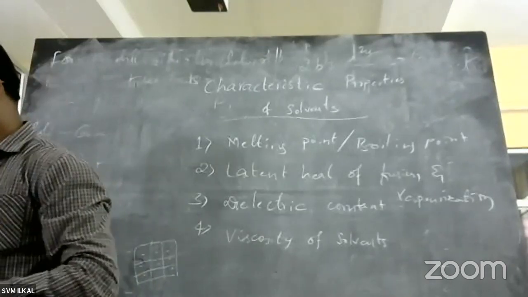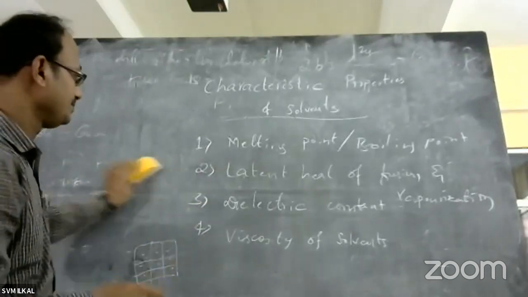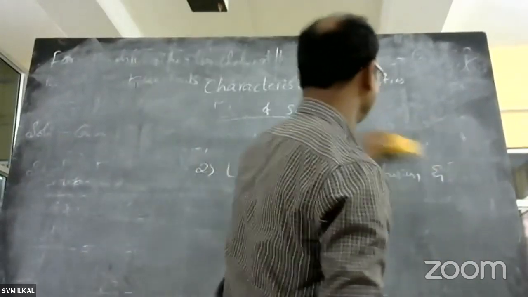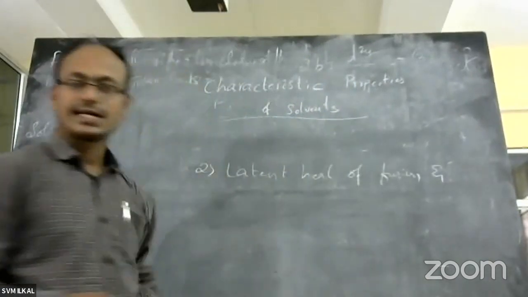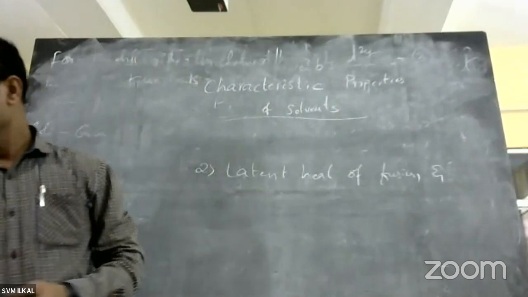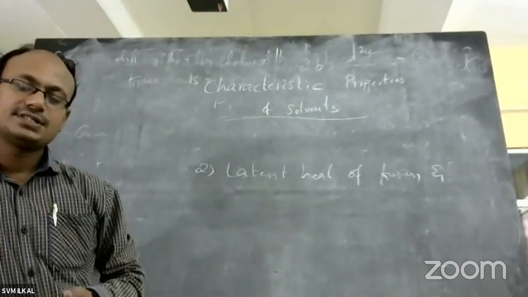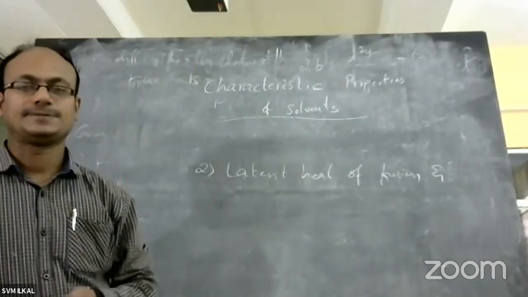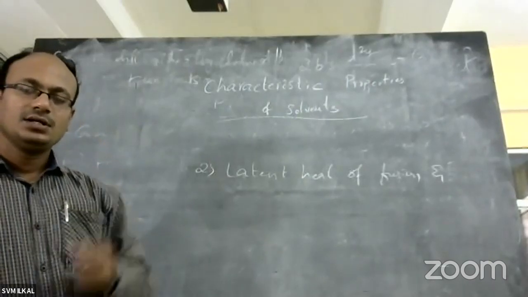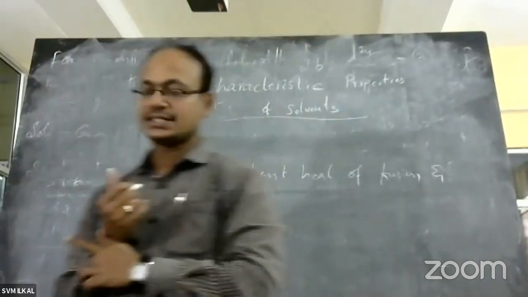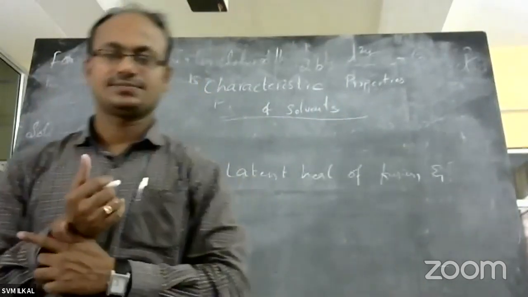So if we really talk about this one, the second one, here in latent heat of fusion as well as vaporization, we should know the meaning of vaporization. Here also we are going to explain two terms: intermolecular as well as intramolecular bonding.